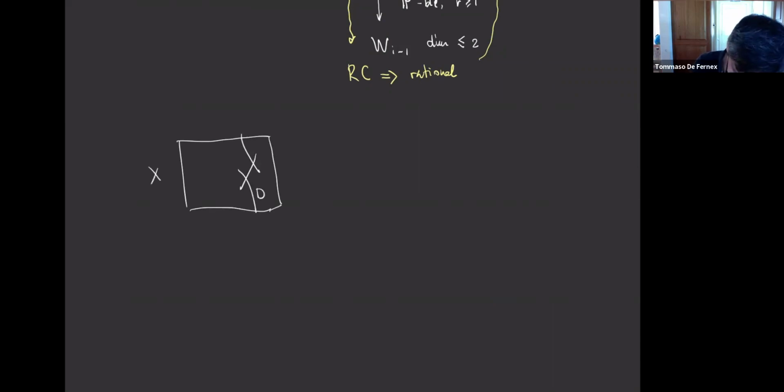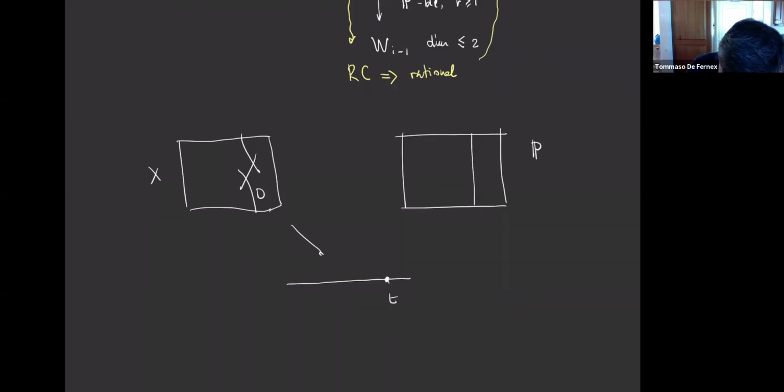This is X. On the other side, I have a product. And over the point T, this is my PnT. And this is just a projective space. Now the question is, one way of thinking about this is I start blowing up and then I blow down, and I want to see where D maps to.